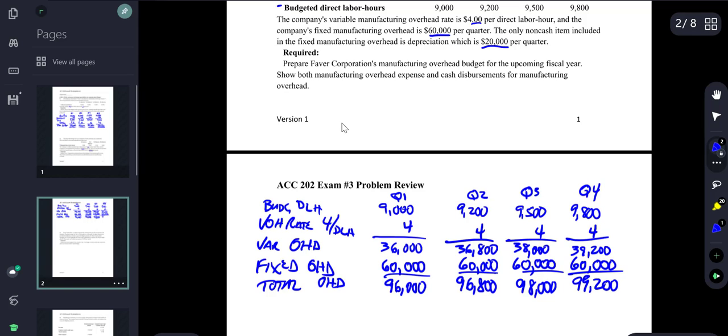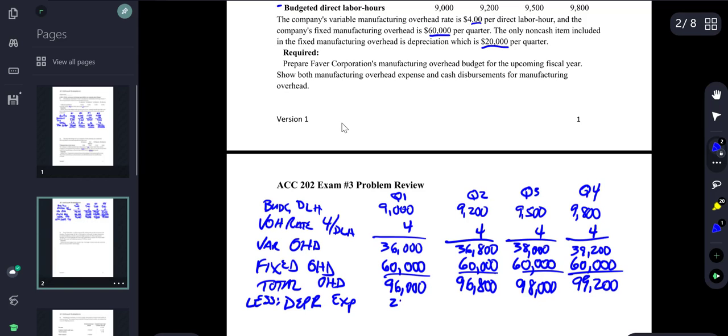Now, we're going to deduct depreciation expense because it is a non-cash expense. So we're deducting this because we're trying to figure out how much cash we need for overhead. And depreciation is not a cash expense. So we're going to deduct that.